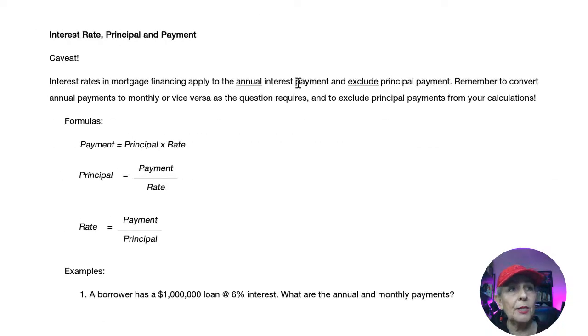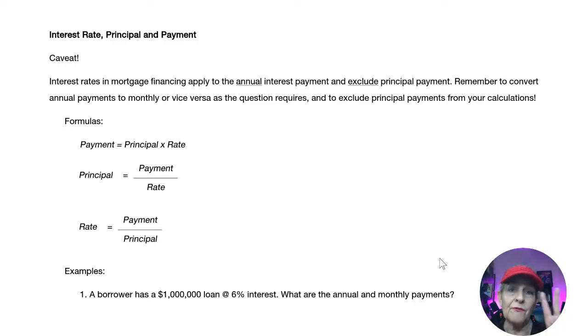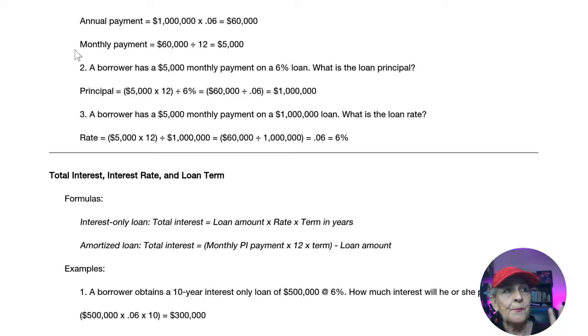And the rest of the question says they also want to know the monthly payment. So you have 2 parts to that question. The monthly payment is now the yearly amount, 60,000, divided by what? 12 months, which is equal to 5,000. And even though you might be able to calculate some of these quickly in your mind, do it on a piece of paper or on a calculator so you visually see it and prevent any mistakes.